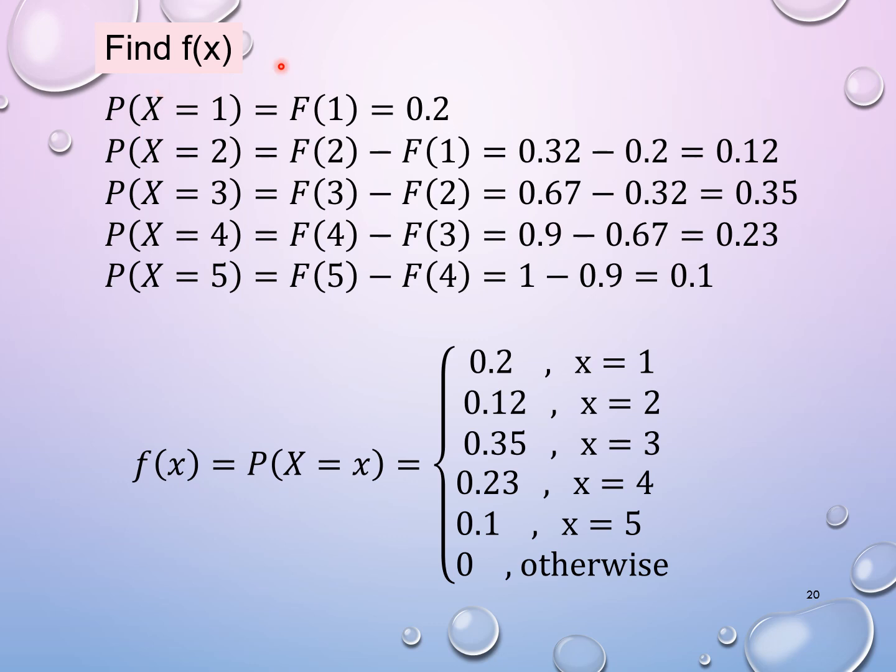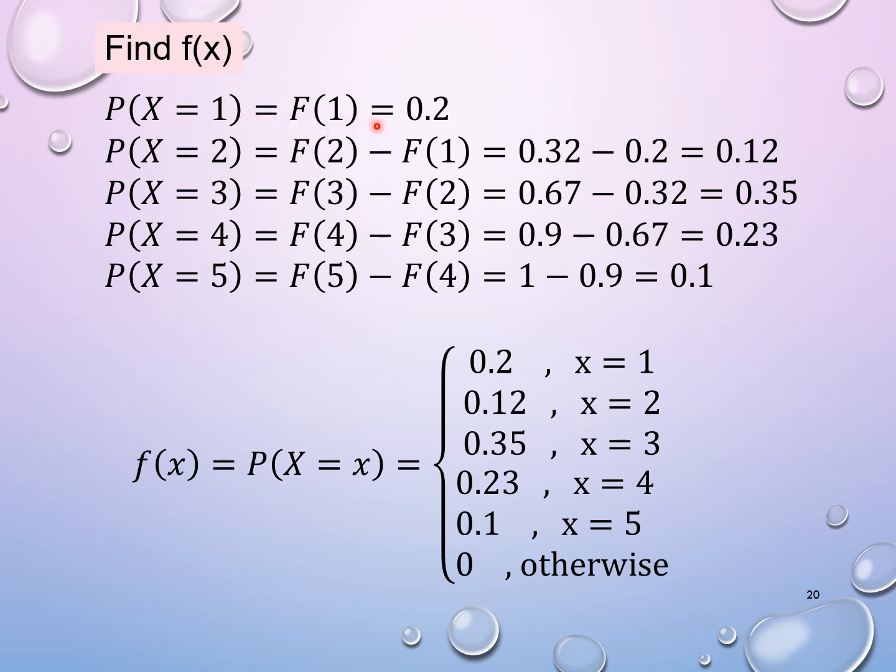Next, we need to find the f(x). Small letter f means the probability distribution function or the PDF. First, we have to find the probability of x equal to 1, which is actually equal to f1.